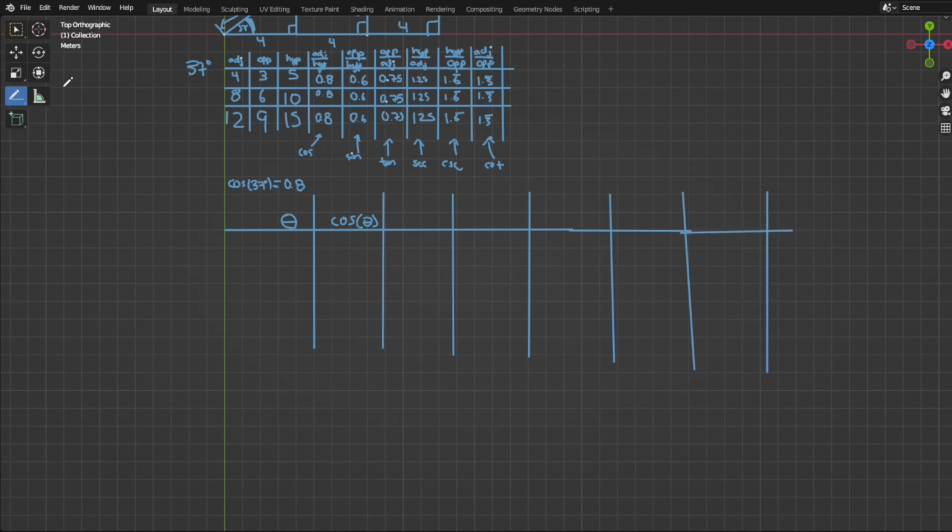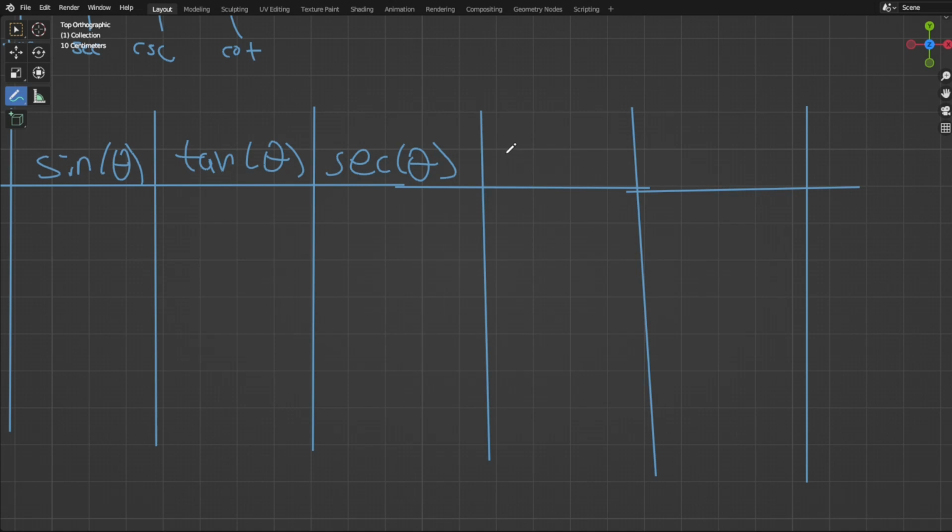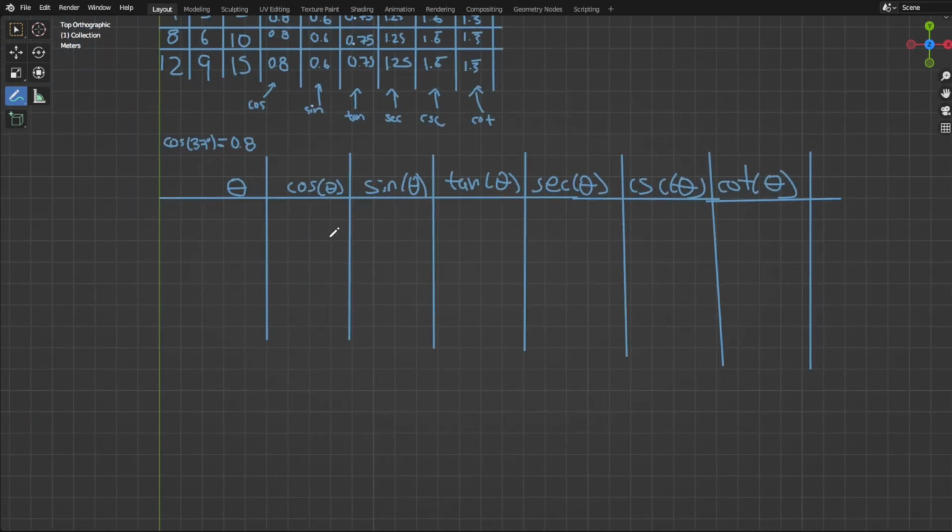They created these massive tables, and then they put sine here, and then they put tan, and then they put secant, and then they put cosecant, and they put the cotangent, and then they're like, all right, so we did this for 37 degrees.